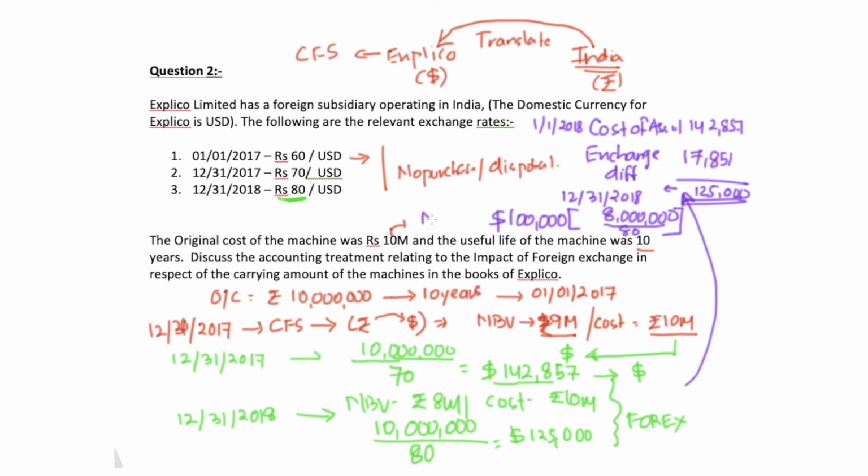So this is the net book value. As compared to the net book value in 2017, it would be 9 million divided by 70, which is around 128,571. So the exchange difference is around 28,571. So this is it.